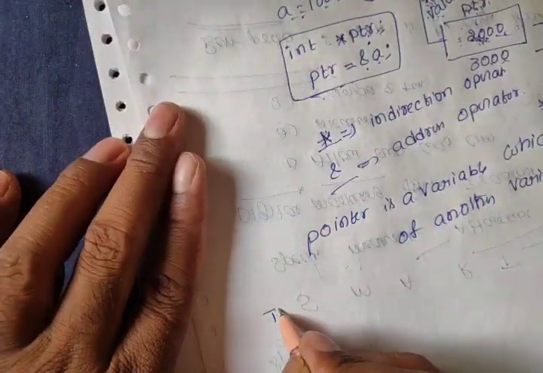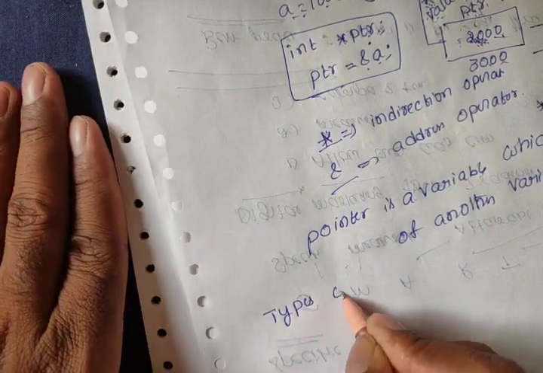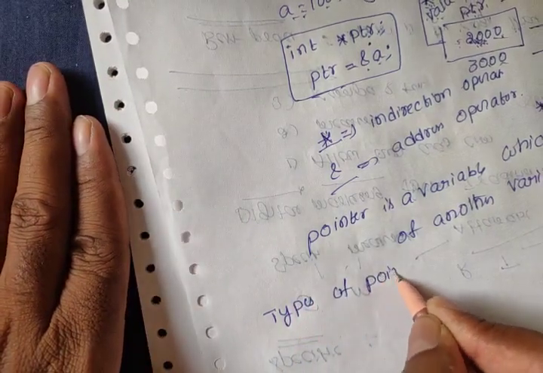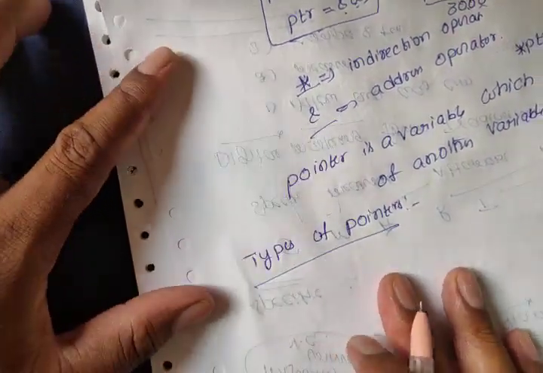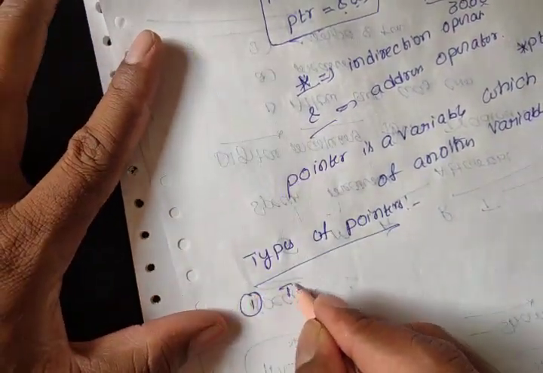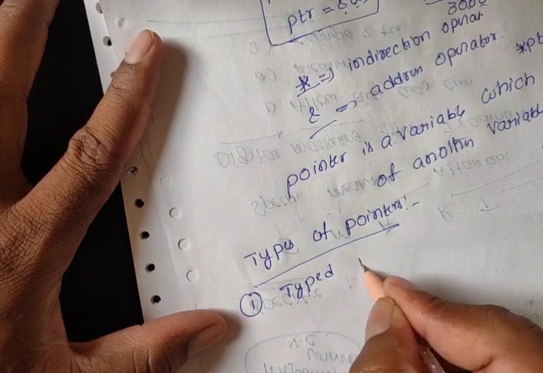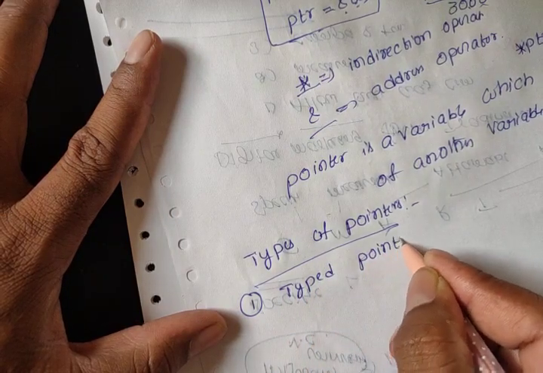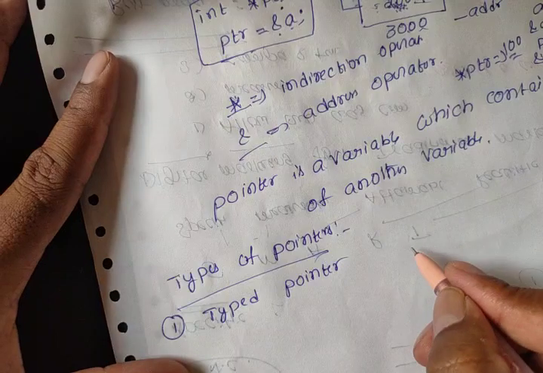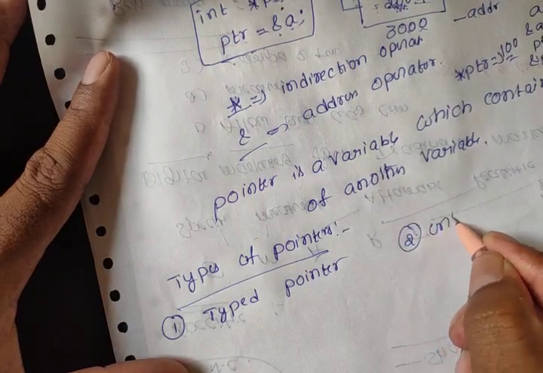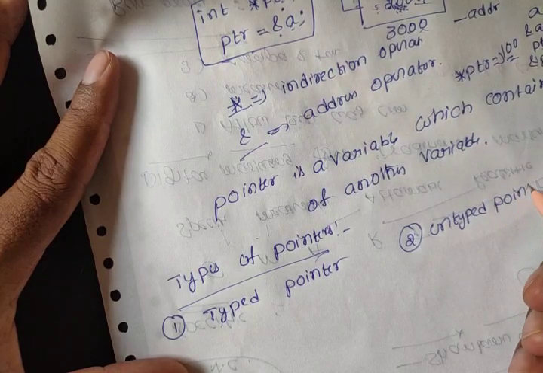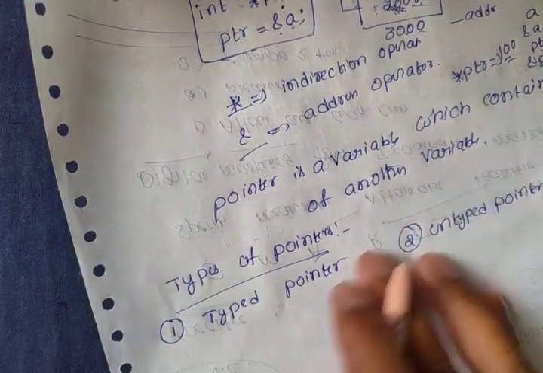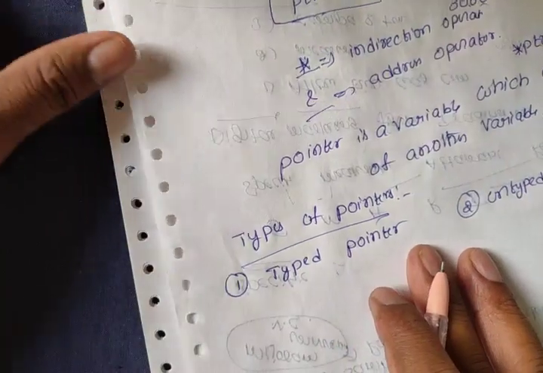Now we'll discuss another topic, the types of pointers. There are two types of pointers: one is the typed pointer and the second is the untyped pointer.